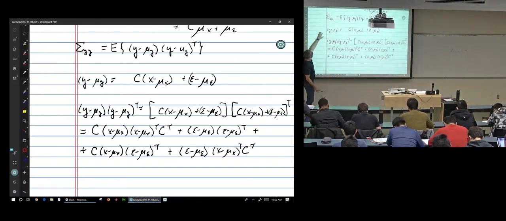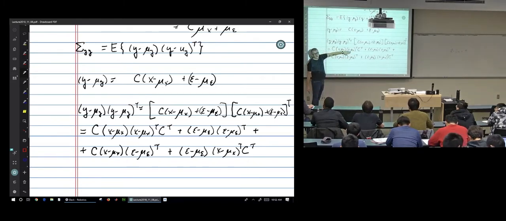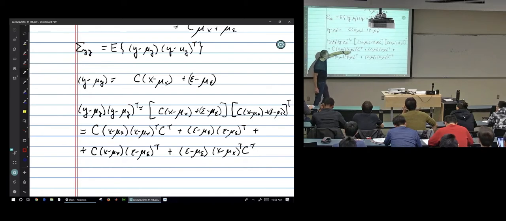Okay, so the covariance of y is just equal to the expectation of this. We take the expectation inside, the constant matrix comes out, and what is the expectation of this term? That's sigma xx, just the variance of x, okay?